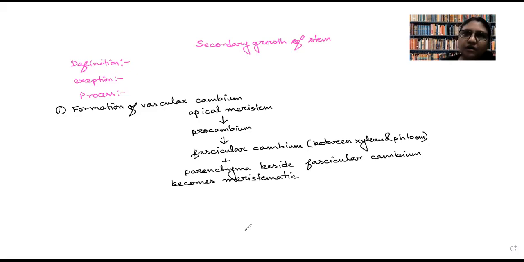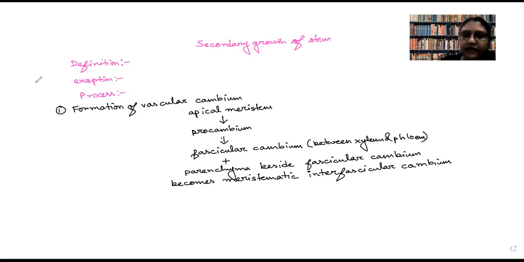They are no longer permanent. Dedifferentiation. Very good. And it is known as interfascicular cambium. The parenchyma that became meristematic, we will call interfascicular cambium.